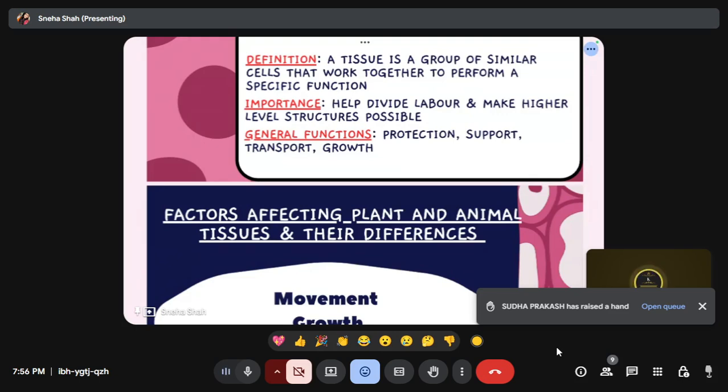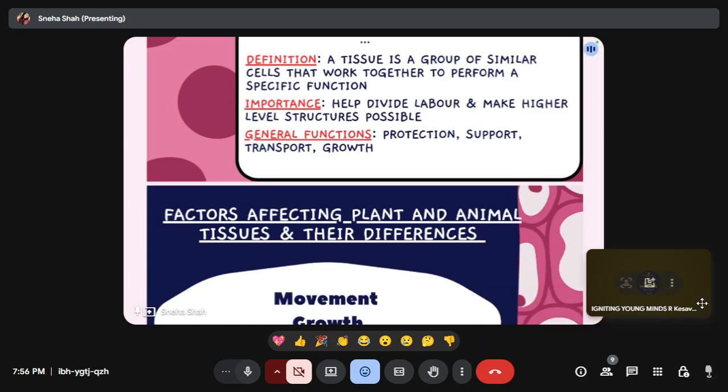But in animals, do we need bone for tissue to support? Bones are there. Bones will have tendons and ligaments to hold them together. The tissues in animals are highly complex, and there are tissues which are conducting the materials.